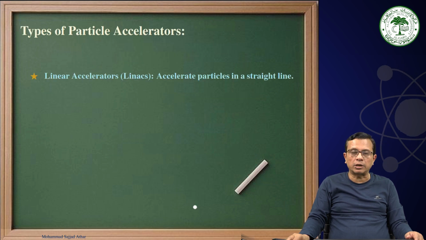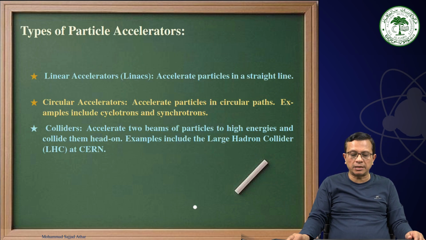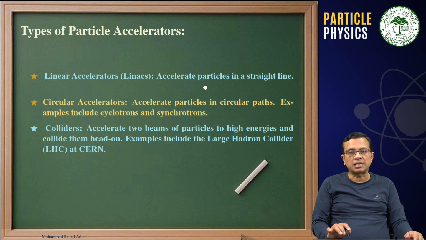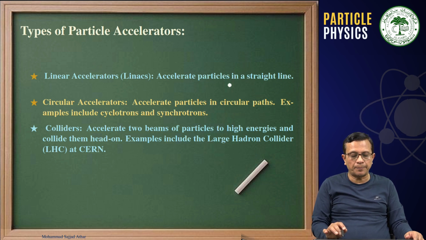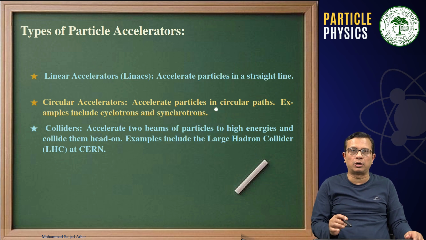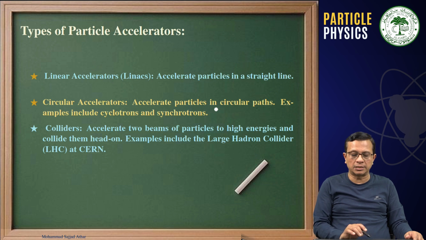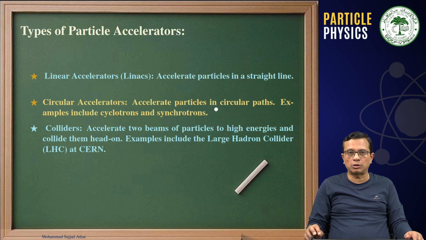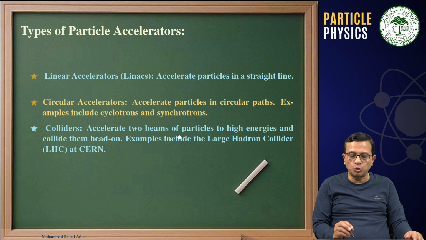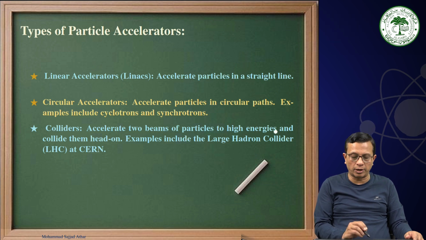Now let us talk first about the linear accelerators. These accelerate particles in a straight line. Circular accelerators accelerate particles in a circular path. Examples include cyclotrons, synchrotrons, etc. Then you have colliders, like the Large Hadron Collider at CERN, which accelerate two beams of particles to high energies and collide them head on.